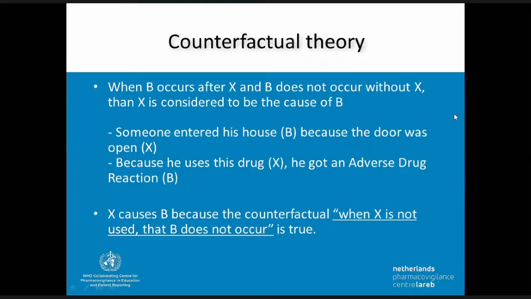So let's begin by looking at the counterfactual theory. This one is quite simple, and this is why there's actually the Bradford Hill criteria that is most commonly used. Obviously, there are other computerized methods that are really detailed in how an adverse event can be attributed to a drug, and that's called signal detection.